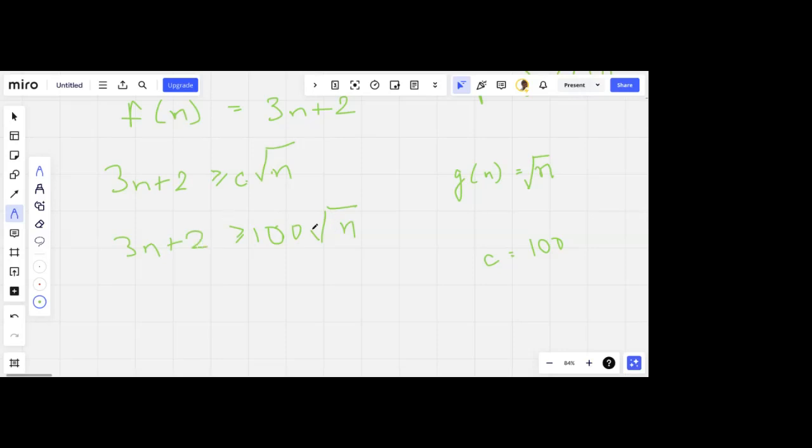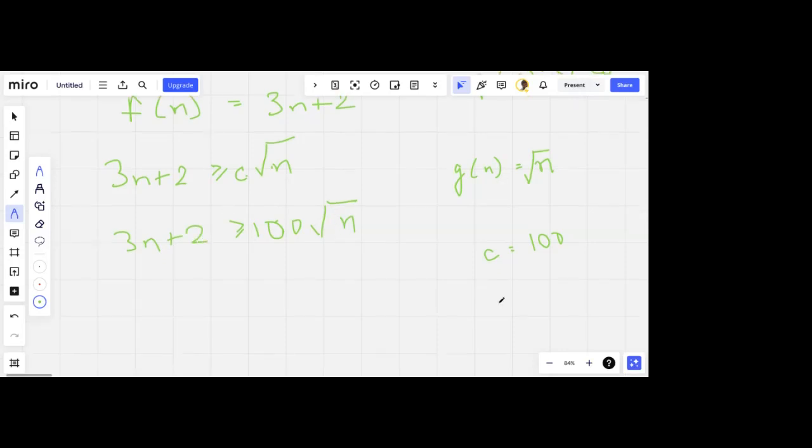For example, let's take n is equal to 100 square. So this would be 3 into 100 square plus 2, and this would be greater than or equal to 100 into root of 100 square, which would be 100. So this is all obviously greater. Getting it? So I can easily prove that.